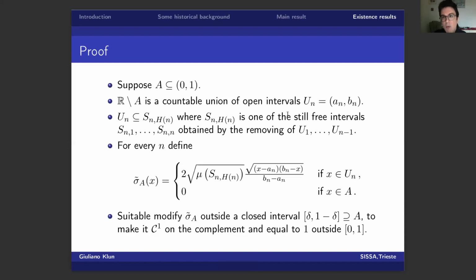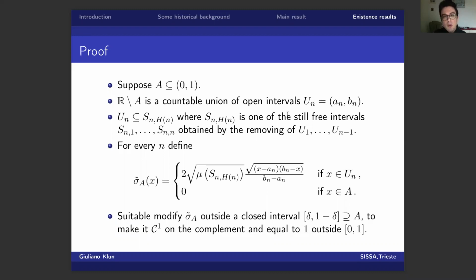Now remove U2 and U1 from [0, 1]. What remains is the union of three disjoint closed intervals, and U3 belongs to one of these three closed intervals. Suppose that U3, for example, belongs to the second closed interval.